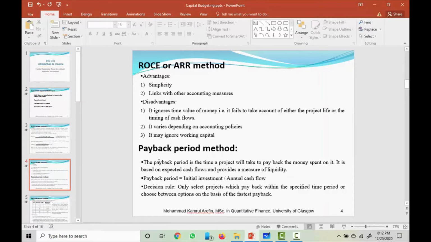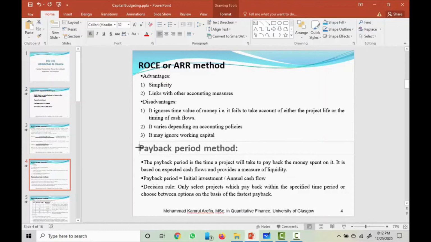Right. So now let us move to the payback period method. From the name itself, it's very clear what this method is about. The payback period is the time a project will take to pay back the money spent on it.